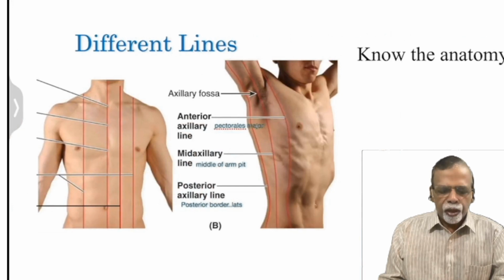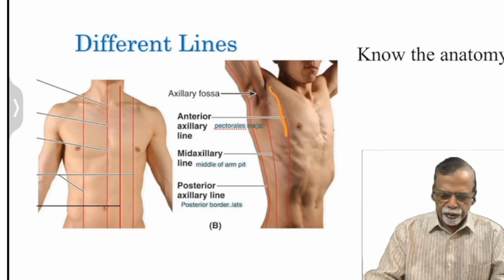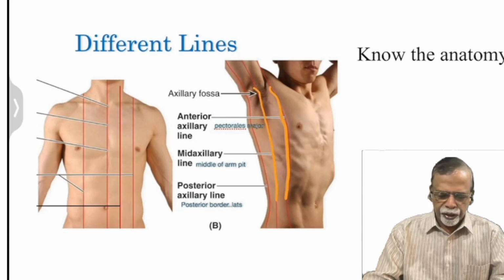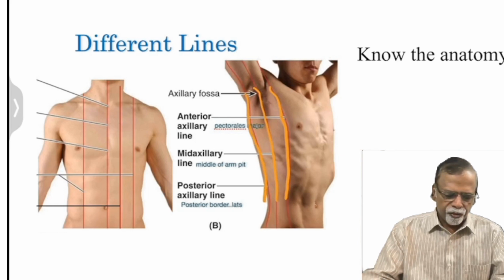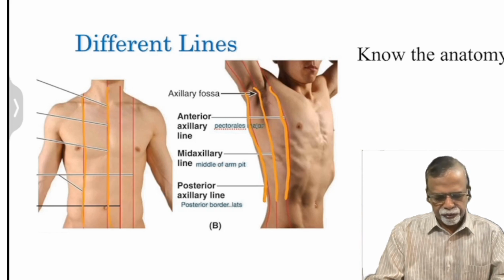Then we should know a few lines which we are all familiar with. Here this is the anterior axillary line, this is the mid-axillary line, and this is the posterior axillary line. In the front you have the midline, and remember the midclavicular line.